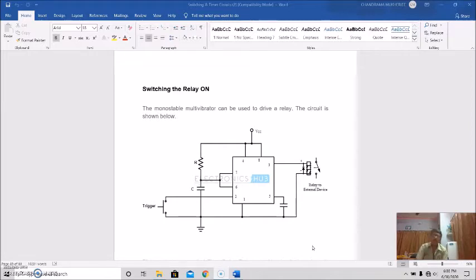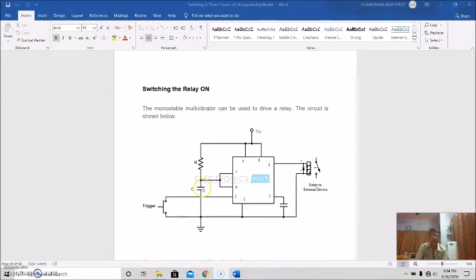So today we'll discuss another application of the monostable multivibrator circuit using 555 IC timer, switching the relay on. So monostable multivibrator can be used to drive a relay. This is the circuit shown here.